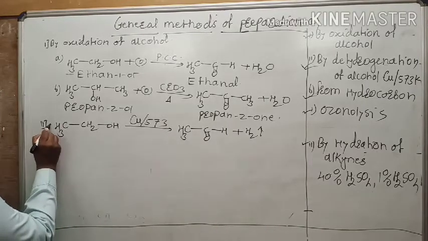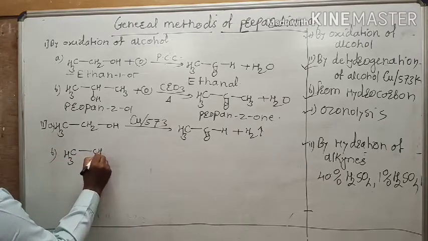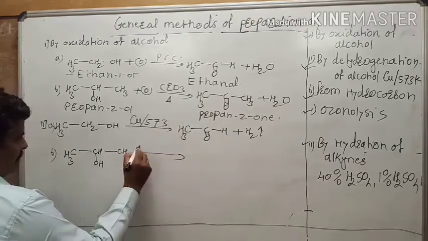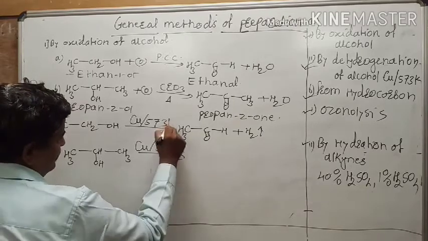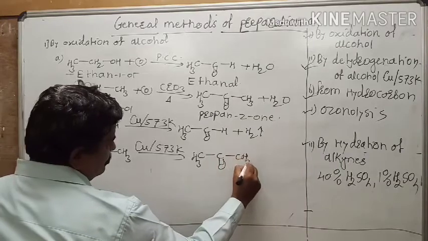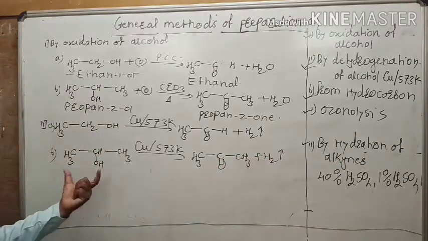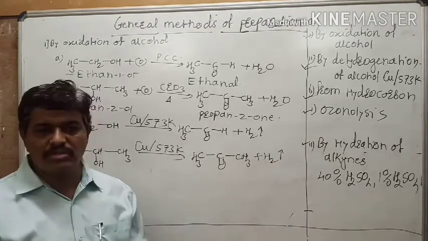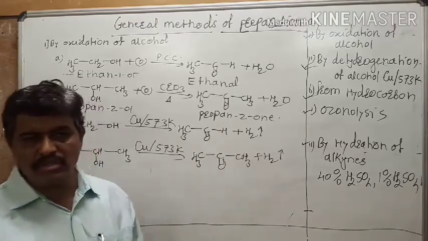Then the second example is, if secondary alcohol is dehydrogenated by using copper at 573 Kelvin, then we will get ketone. So this is the reaction. When secondary alcohol undergoes dehydrogenation, it gives ketone, and if we use tertiary alcohol, then it gives alkene.